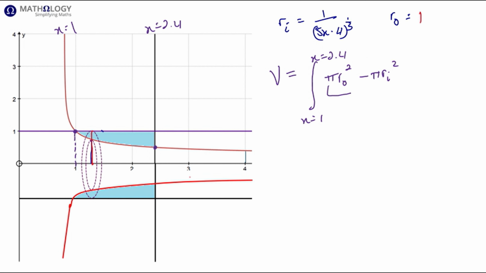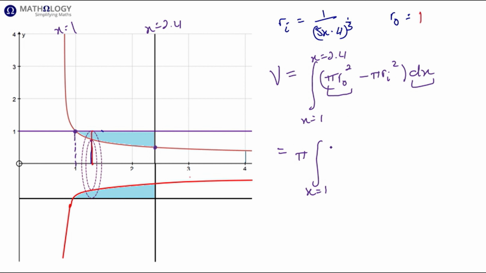So we have the area of the outer circular cut minus the area of the inner circular cut, and that will give us the region we're looking for, and we then integrate this with respect to x, and this dx represents the thickness of each circular cut. So we'll have area times thickness, which gives us volume. We can take the pi out of the integral as it's a constant.